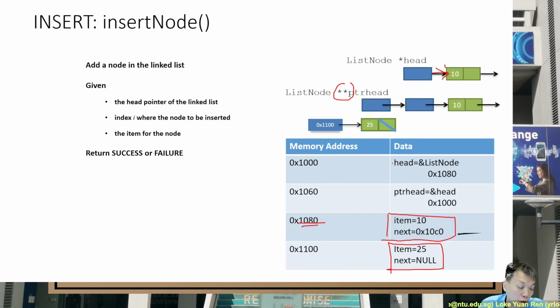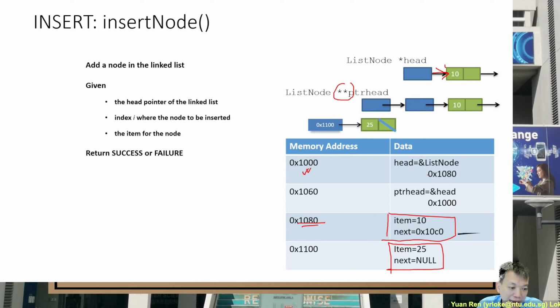This is the head pointer, where you store the memory address of the first node. But you need to modify this particular memory address, 1000, today. When you insert a new node, you need to update the head pointer. It no longer points to 1080. You need to point to another new node. You need to update this particular memory address and not that one. You are updating this one.